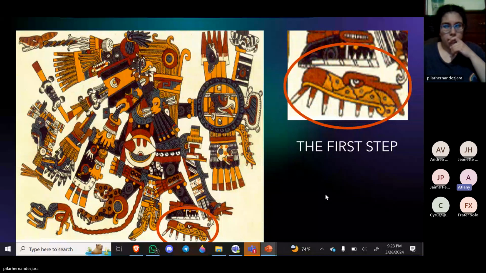The reason why it's missing the lower jaw is because of that duality that it represents. It's basically representing the underworld and life, right? So it represents that duality. When you look at it, it does have a lot of different symbols depending on which one you're looking at.